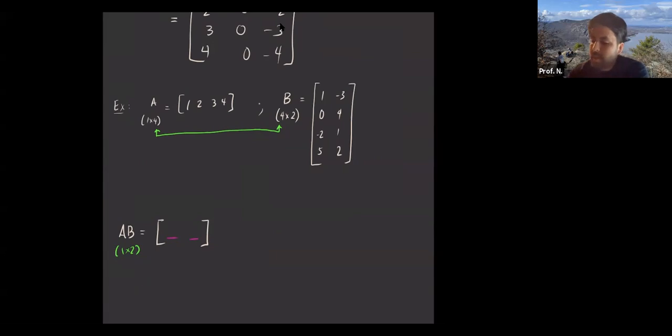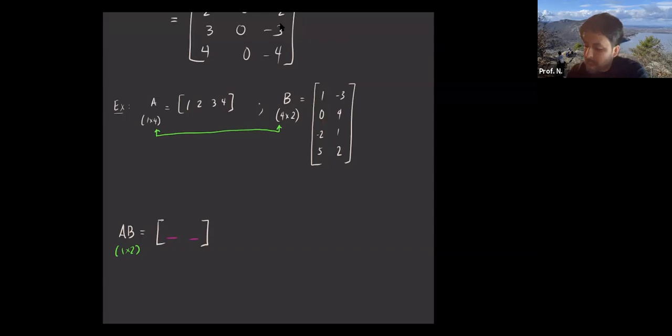Remember, row 1, I only have 1 row, and then column 1. So row 1 is related to the first matrix, the left matrix, and I'm doing it with column 1. So I'm pairwise multiplying these entries and adding them up.